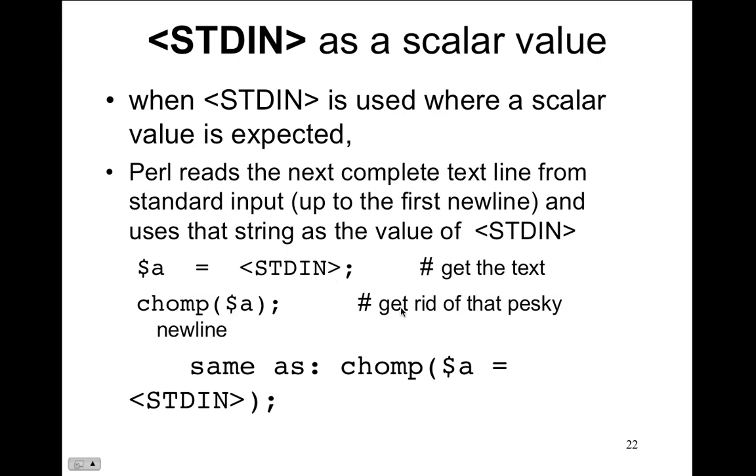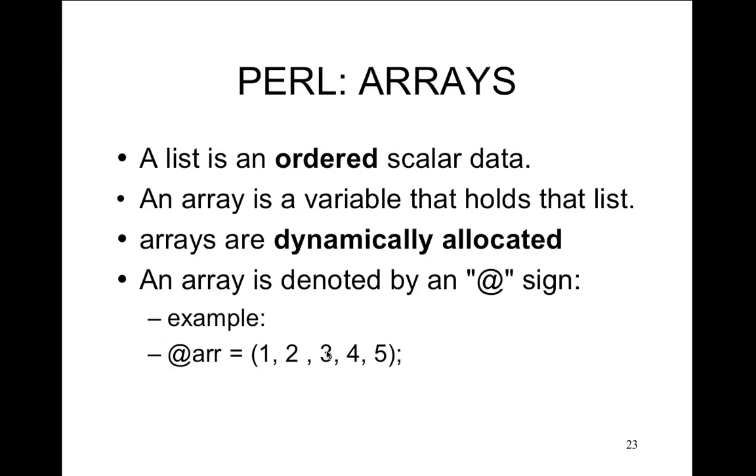Chomp $a, get rid of that pesky newline return that's at the end of it, which is the same as chomp($a = <STDIN>). So you can embed the initialization of the scalar inside of chomp. And chomp's a function, just like chop is a function. These are function calls, very similar to C, C++. But they're built-in functions. You can also create your own functions, just like C or C++.